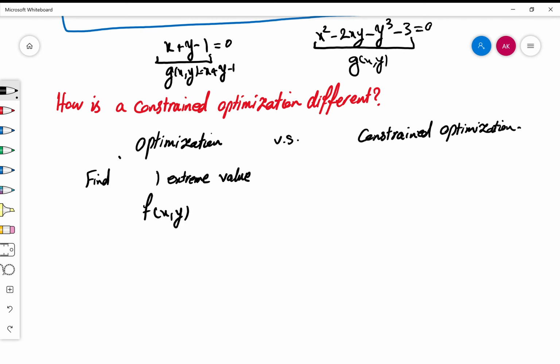Well, what we have done is not really the extreme, it is the relative extreme, relative min or max value of f of x, y.